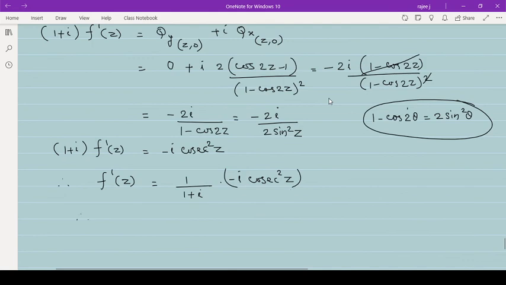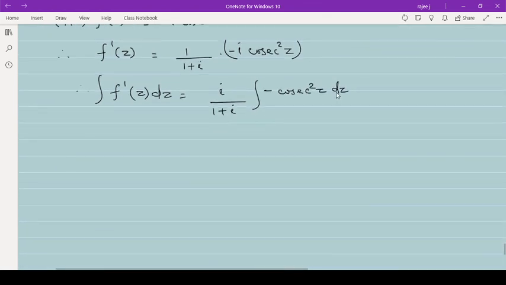Therefore, for f of z, integrating both sides, integral of f dash z dz is equal to the integral on the right side. The i and 1 plus i are constants, so minus i upon 1 plus i times the integral of minus cosec square z dz.